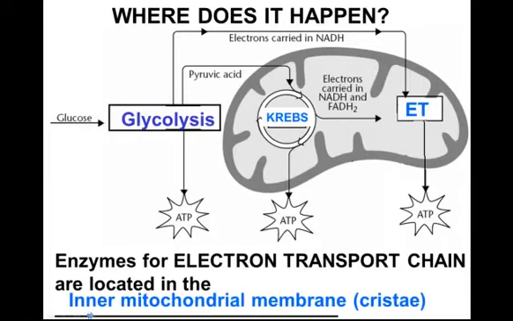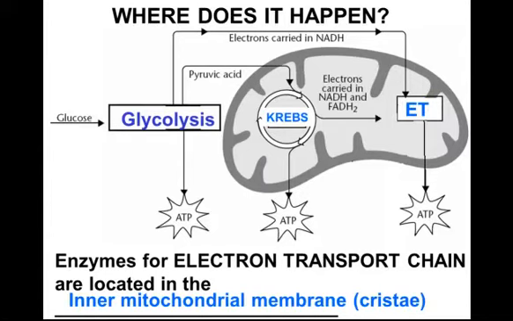That's our next step in the pathway here, electron transport, ET, and we're going to get an awful lot of ATP out of this third part of the pathway. And the enzymes to do the electron transport, remember in photosynthesis we attached our electron transporters to a membrane so they could pass in line in sequence.